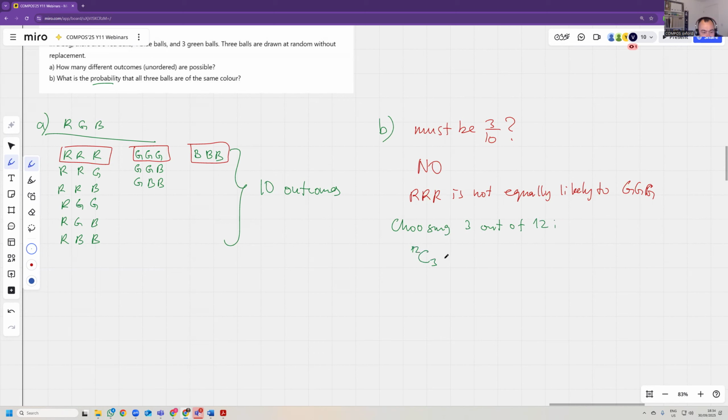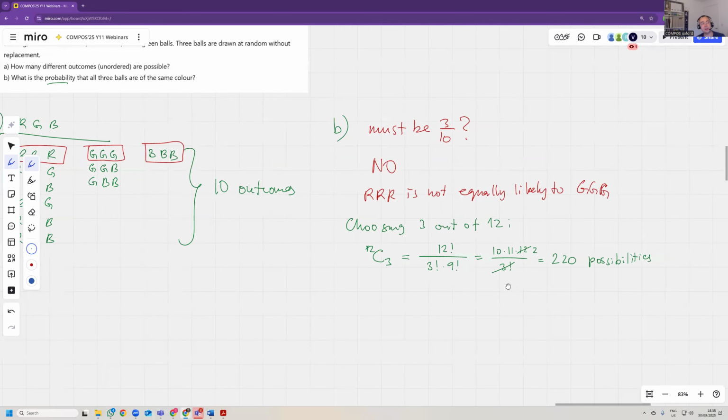That's the possibilities, which is 12 factorial divided by 3 factorial times 9 factorial. So that's 10 times 11 times 12 divided by 3 factorial. So that's 220 possible choices.